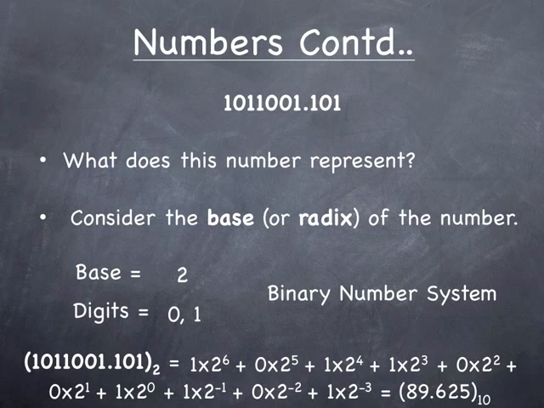The base changes to 10, so it is now in decimal. So for any number system, if I write some other number system and I want to know the number in decimal, what should I do? Write the weightages, multiply the digits with the weightages and add them. This is called power expansion. It's called power expansion.